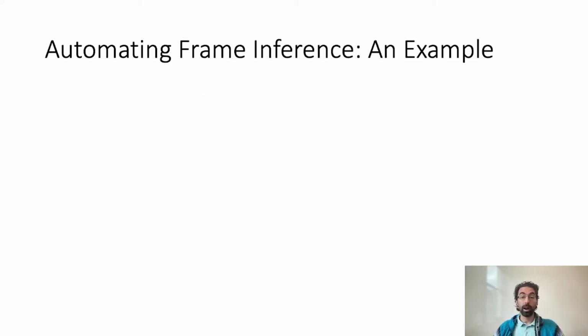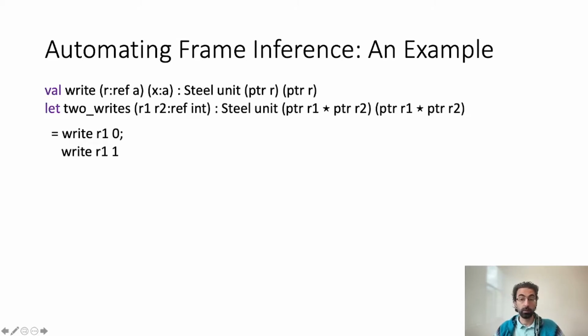So now that we automated applications of the frame rule, one problem remains. We must automatically infer the frames created, that is, the terms that were prefixed by a question mark. And let me explain how this works in Steel on this simple example, which performs two successive writes on the reference R1.